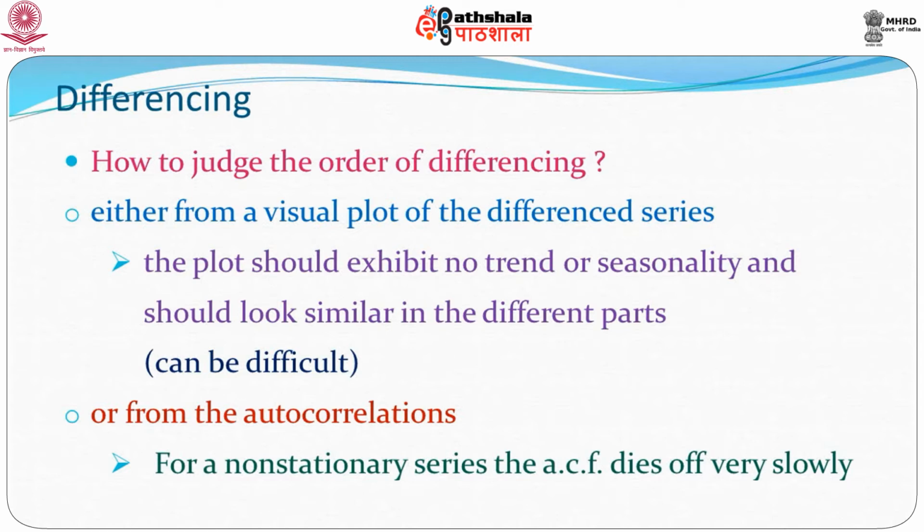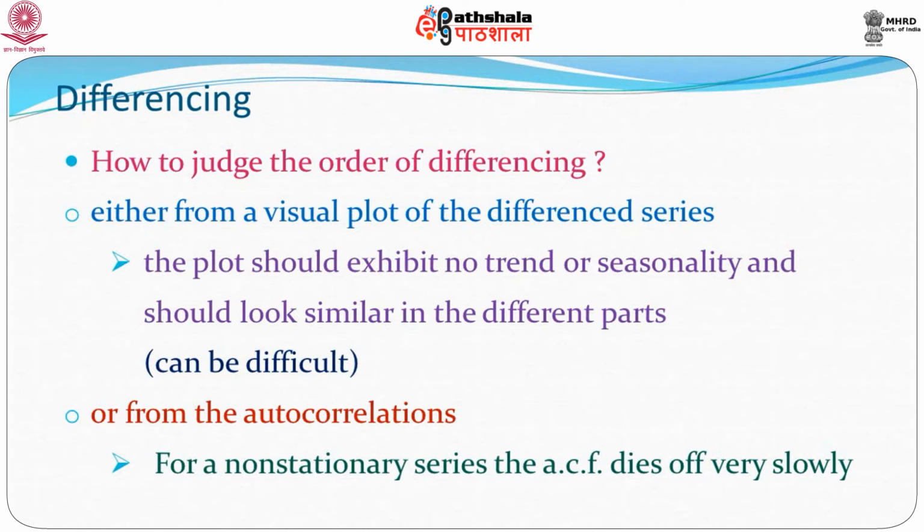Then you difference the series and compute the autocorrelations for the differenced series. See if the autocorrelation function now goes down much quicker, and keep doing this until it does. That way, we can identify and eliminate the non-stationary part.